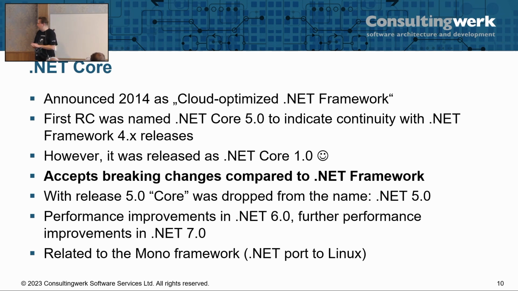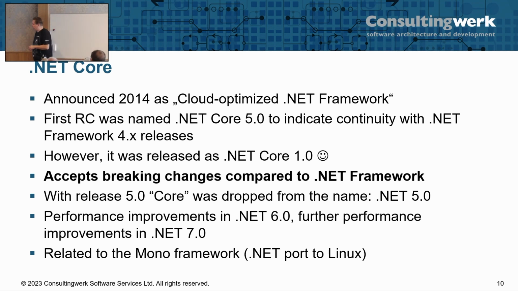Now there's a version 6.0, where there was a big emphasis on performance improvements, and there are further performance improvements in .NET 7.0. So Microsoft has blog articles where they publish their performance comparisons between .NET Framework 4.8 and .NET Core 6 and 7, and the numbers are massive.